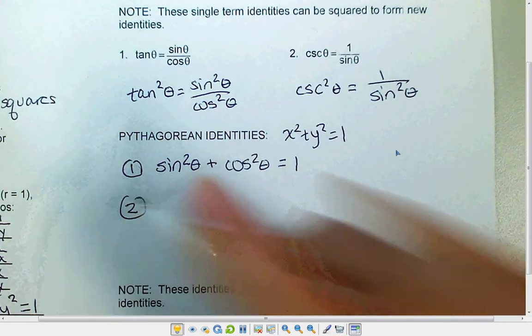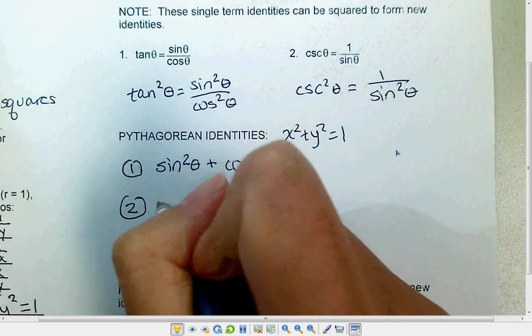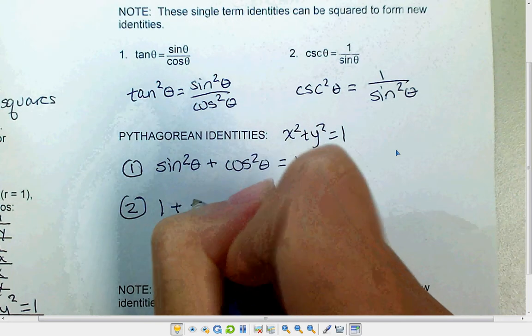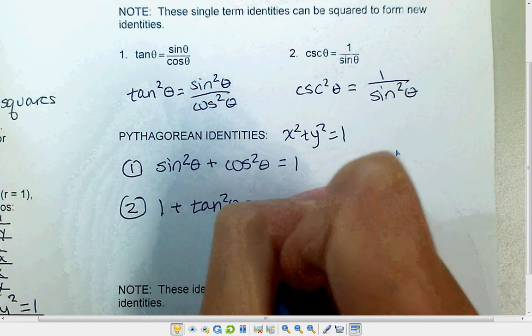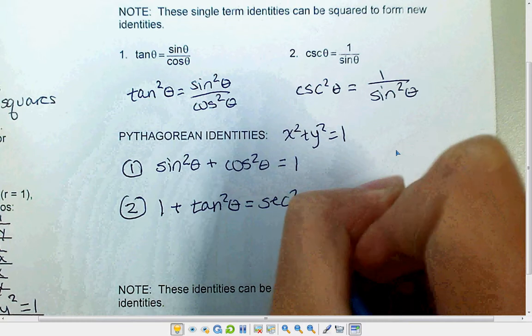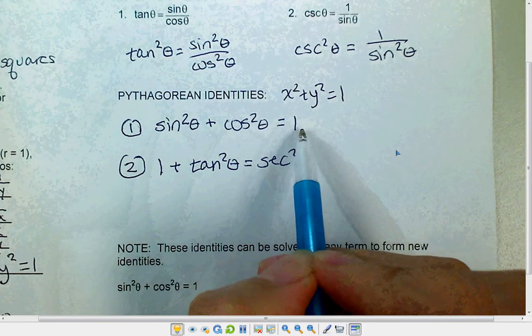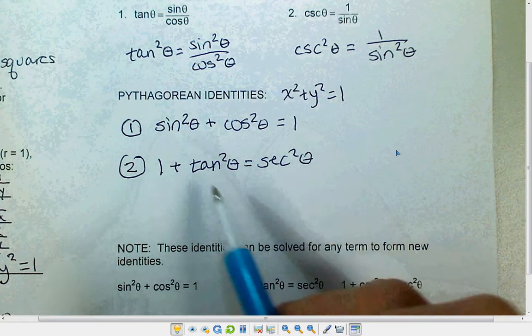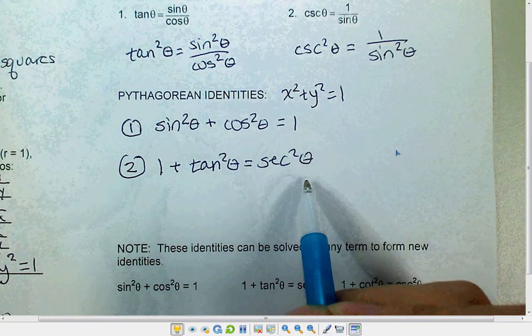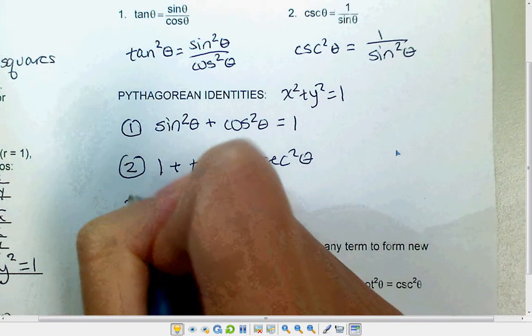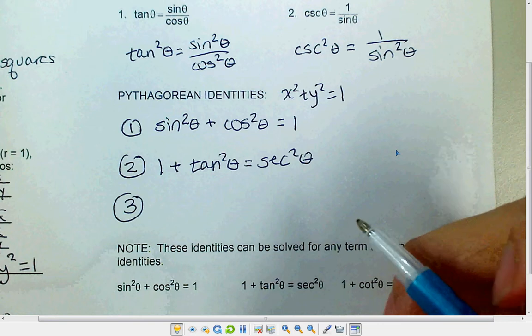The next identity that comes from this is 1 plus tangent squared equals secant squared. The reason this one holds is if you divide all of these by cosine squared, it will give us this equation right here. It's not really important that you know how it's gotten, you just need to know these 3 identities.